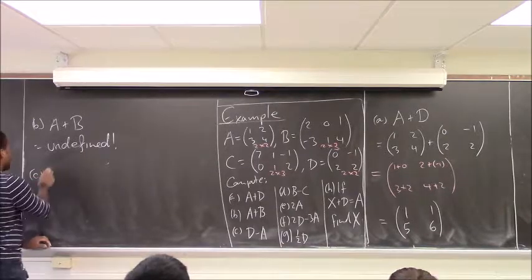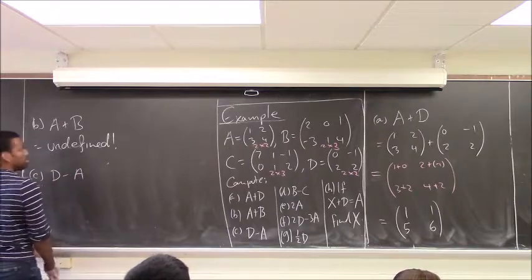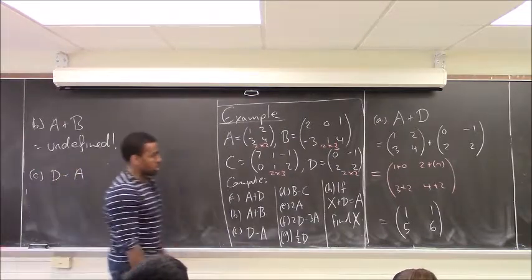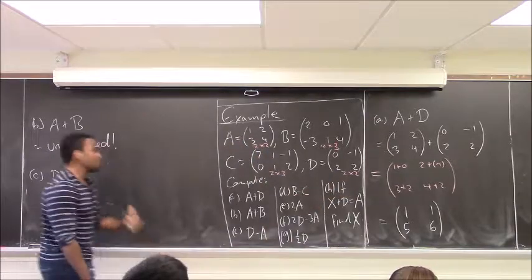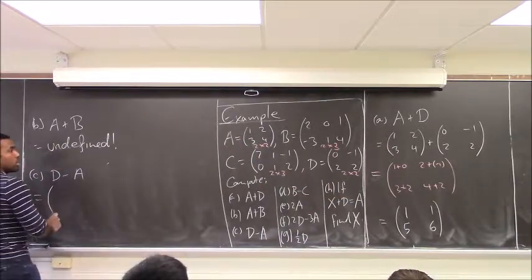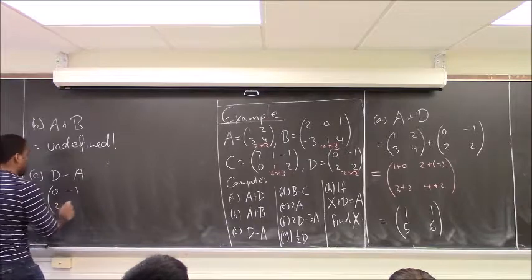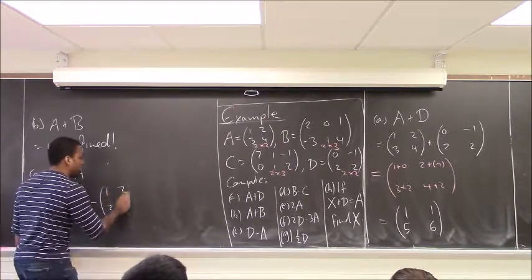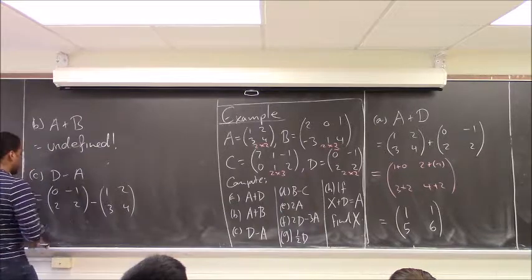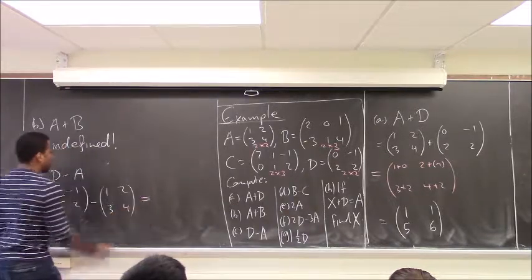C is B minus A. Now that I'm doing an addition or a subtraction, the size is important. I notice these are both 2 by 2s, so that actually makes sense. I'm going to have 0, minus 1, 2, 2, minus 1, 2, 3, 4. And again, you subtract corresponding entries.